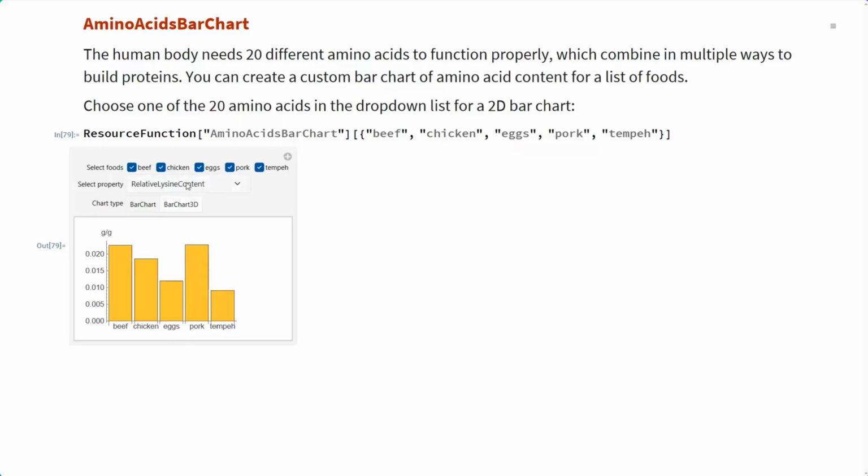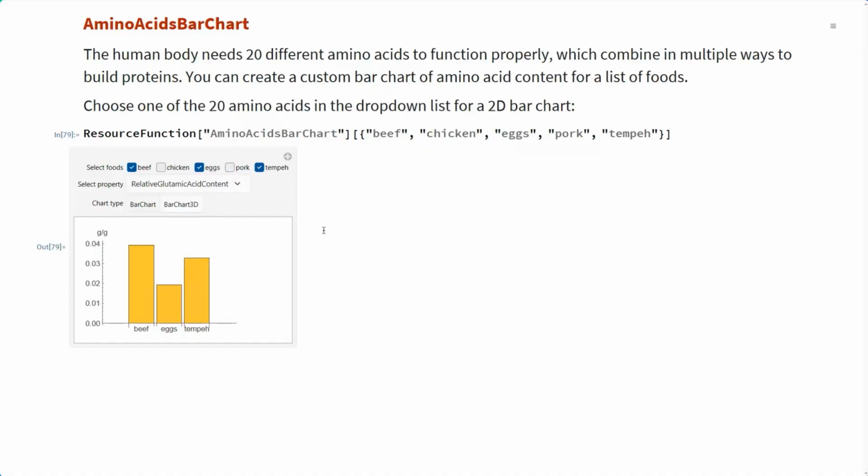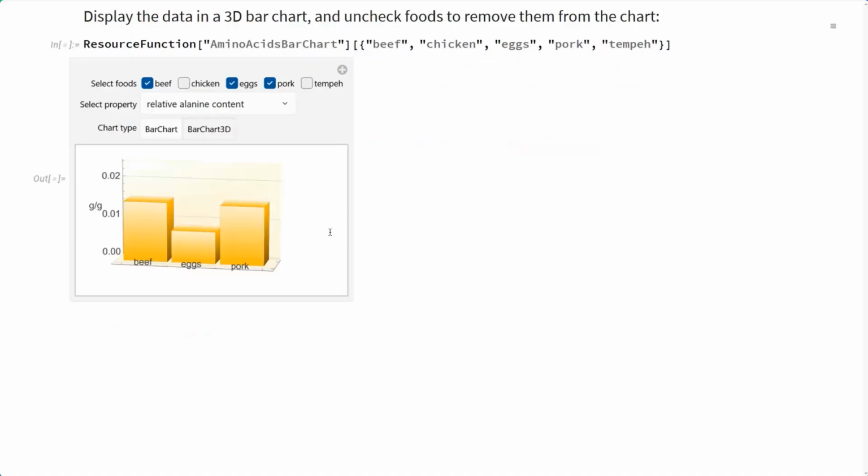Another function you can do is pare that down, just uncheck some boxes, and it will quickly change that. So this is a really good way to quickly make comparisons across a list of foods for a variety of amino acids. So highly recommend that. And you'll also see you can do a 3D version.